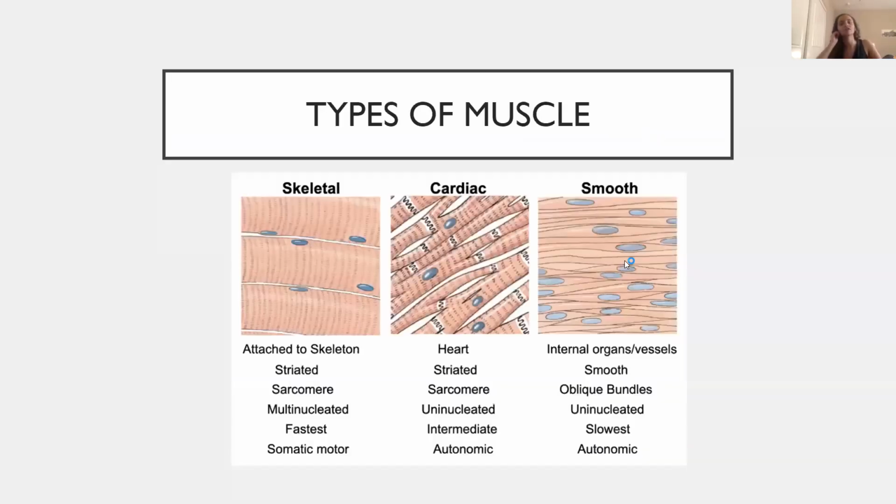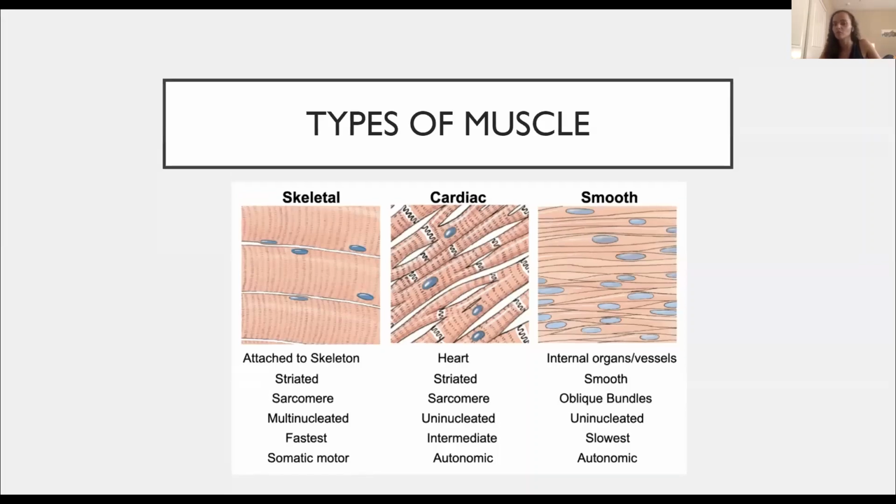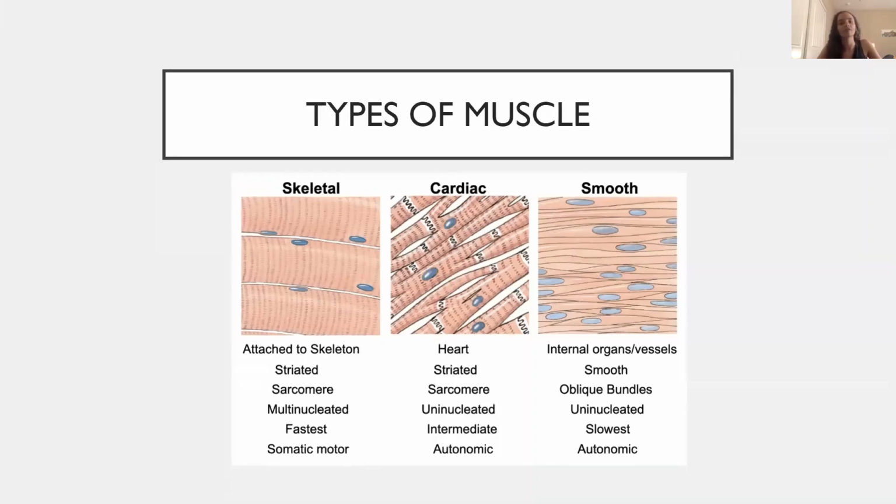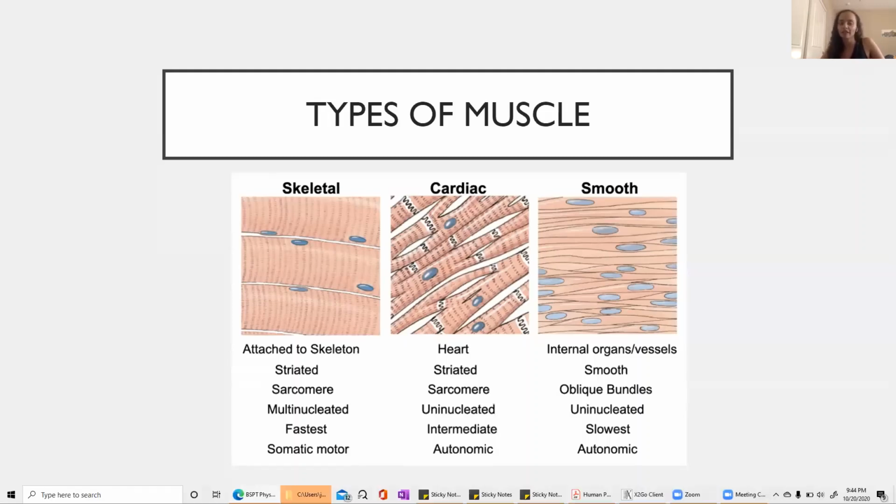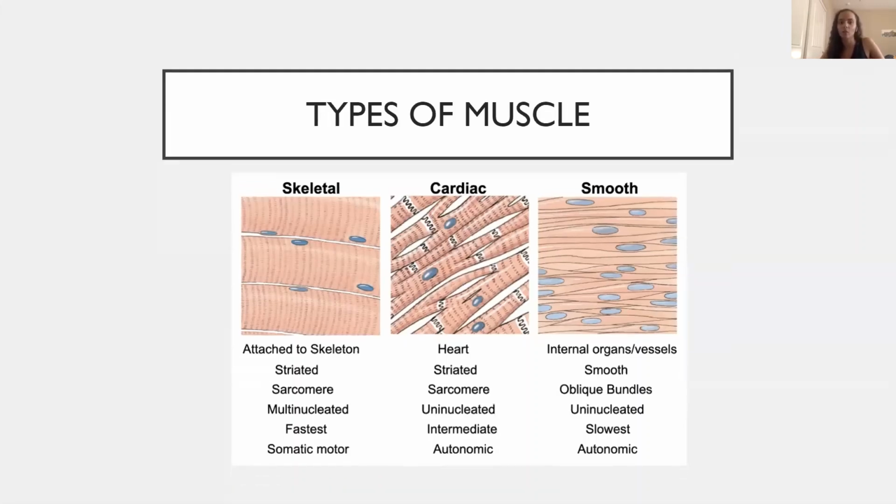Okay, so this is lecture 6. We start off describing the 3 different types of muscle: skeletal, cardiac, and smooth muscle. All of these have very unique characteristics. Skeletal and cardiac are similar in that they're both striated, whereas smooth muscle is not. Both cardiac muscle and smooth muscle are uninucleated, whereas skeletal muscle is multinucleated.